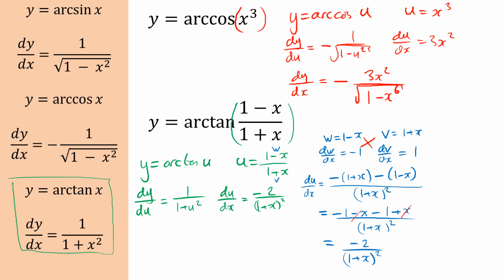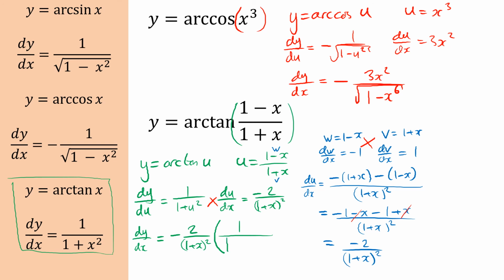Then we can use the chain rule, which is to multiply dy/du by du/dx. So we're going to times those two things together, and that'll give us that dy/dx is equal to minus 2 over (1 plus x) squared times 1 over 1 plus u squared.